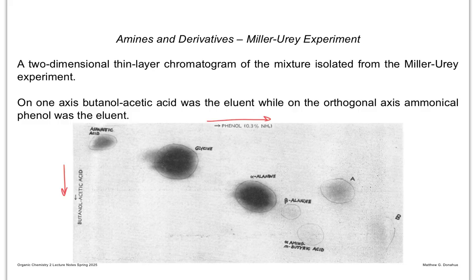So what you see is aspartic acid, glycine, alanine, beta-alanine, and alpha-aminobutyric acid. So notice that none of those things went into the flask, right? It was hydrogen, ammonia, water, and methane.